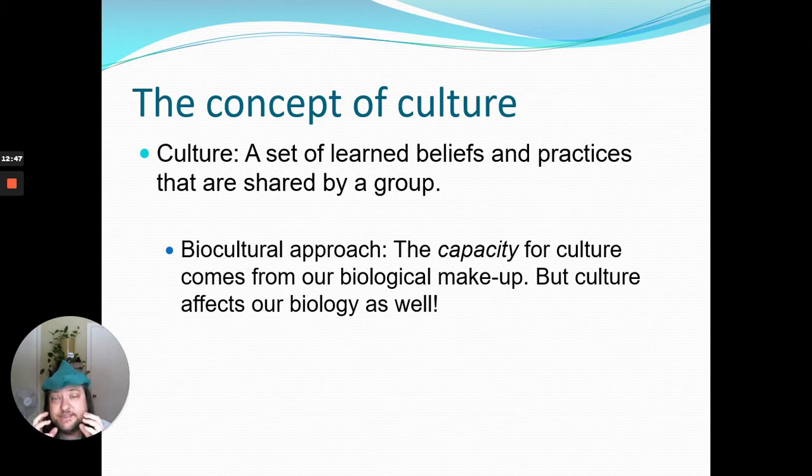And this set of learned beliefs and practices, they're shared by a group. So things that you do as an individual might be influenced by one or more cultures. But if you're the only one that has this specific constellation of beliefs and practices, that's your own individual thing. We're really talking about the ones that are shared by a group.